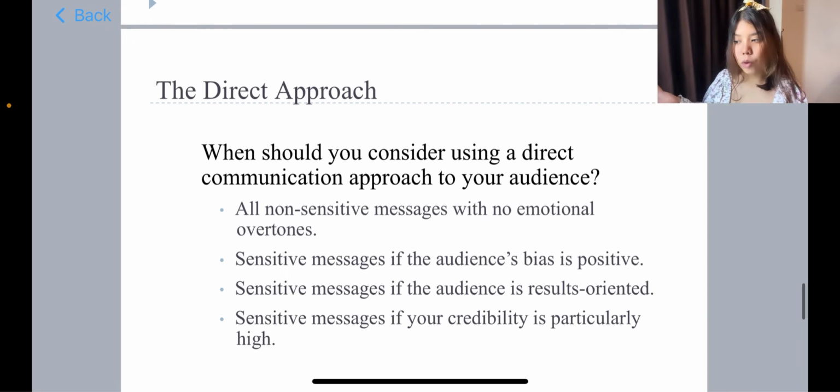So for the direct approach, when should you consider using a direct communication approach to your audience? It is for all non-sensitive messages with no emotional overtone, sensitive messages if the audience bias is positive, sensitive messages if the audience is result-oriented, and also sensitive messages if your credibility is particularly high.